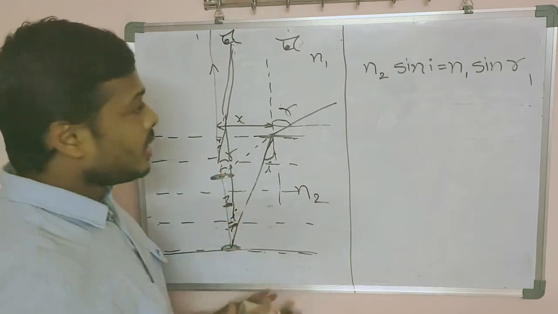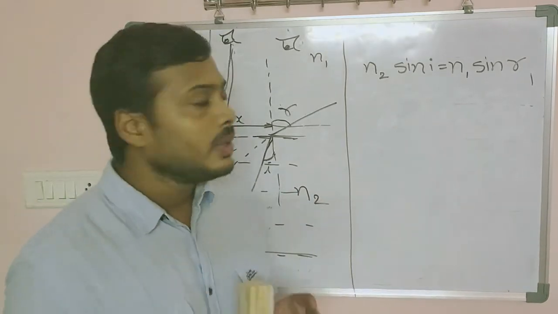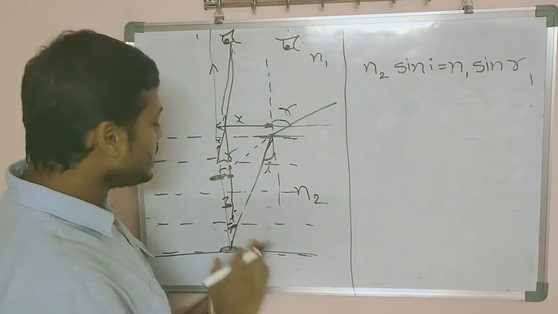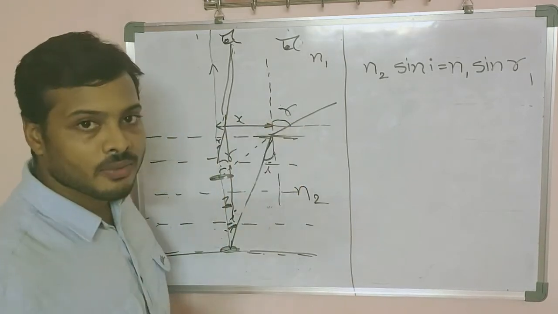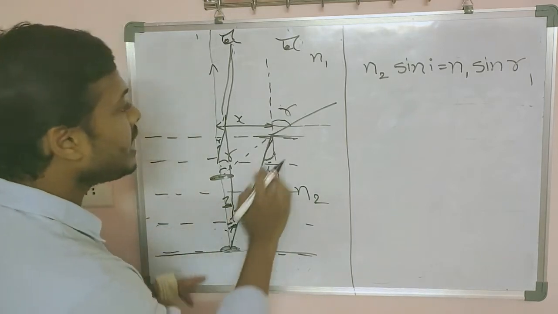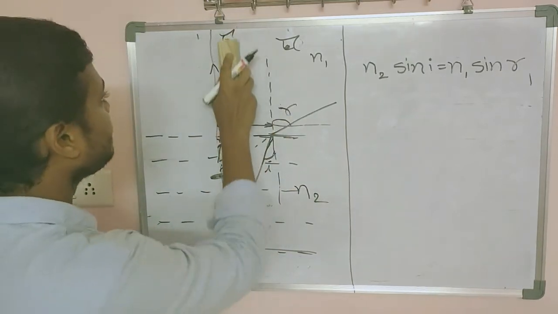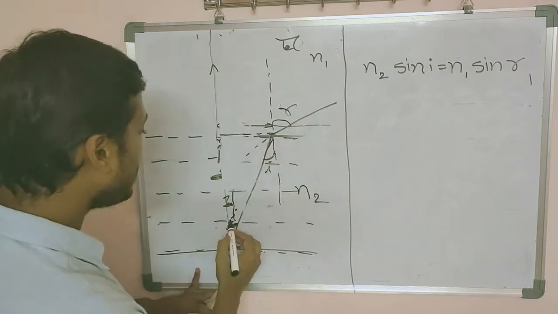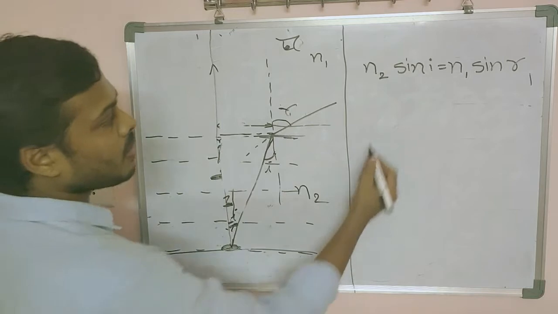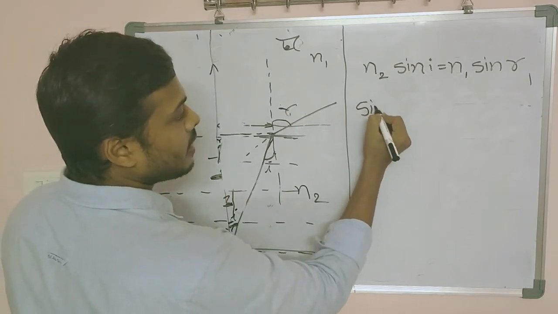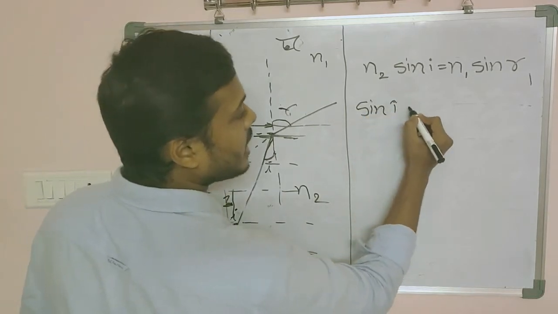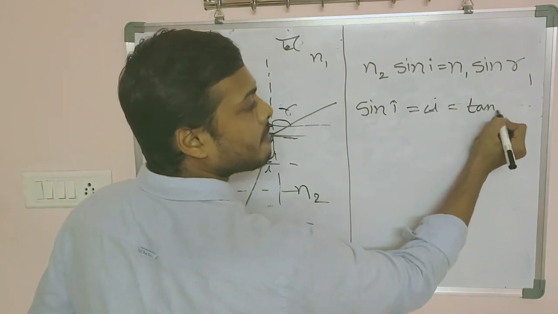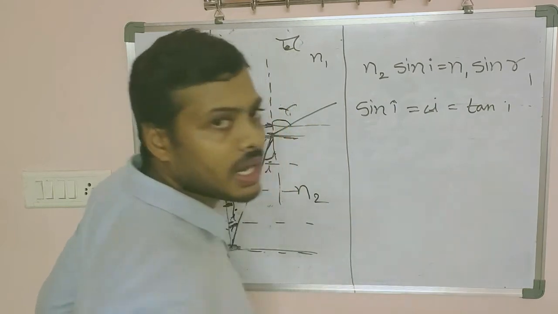So the very important thing that I am telling you is, we are assuming these two rays are paraxial rays, which means angle I and angle r are very small. When angle I and angle r are very small, sin I is equal to tan I. This you can even learn from mathematics.